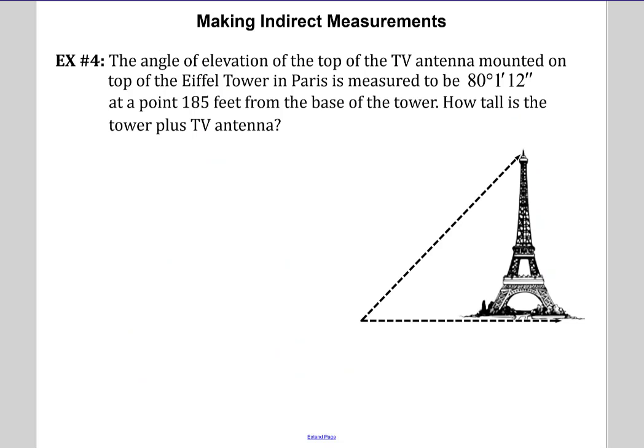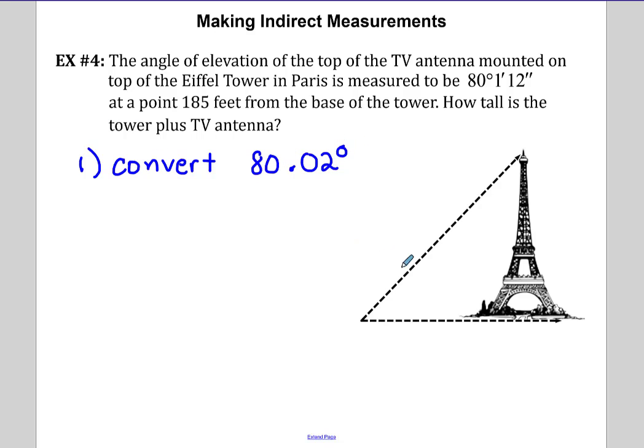Here in example 4, the angle of elevation of the top of the TV antenna mounted on top of the Eiffel Tower is measured to be about 80 degrees, 1 minute, 12 seconds. So first we know we're going to have to convert 80 degrees, 1 minute, and 12 seconds. And I've already done that and got 80.02 degrees.